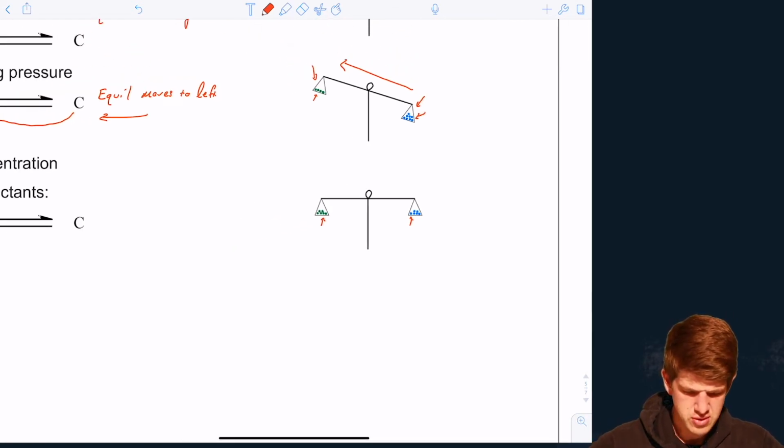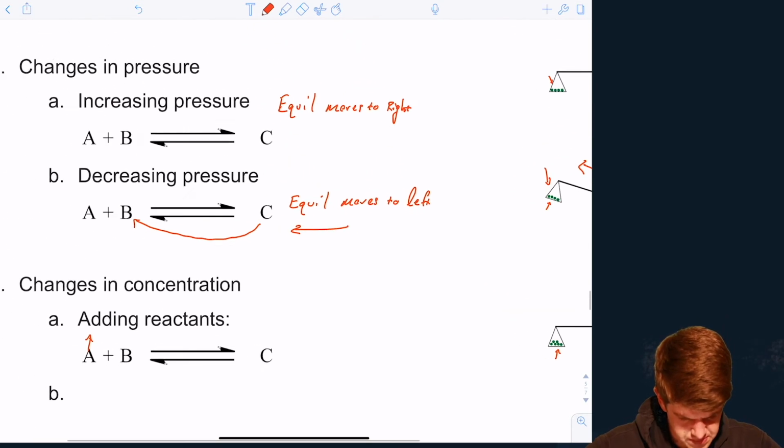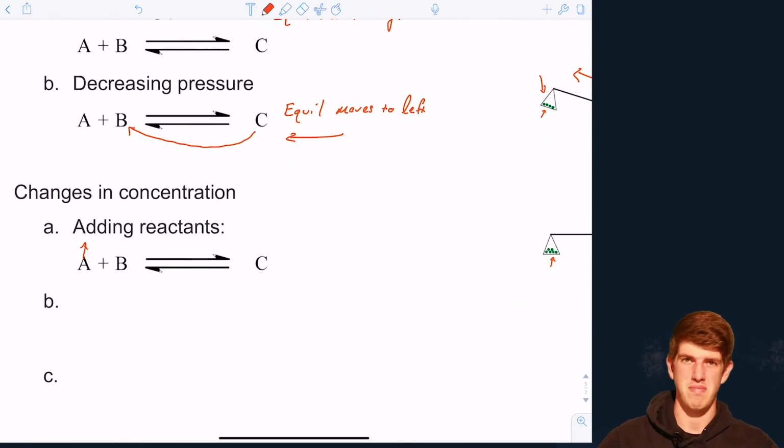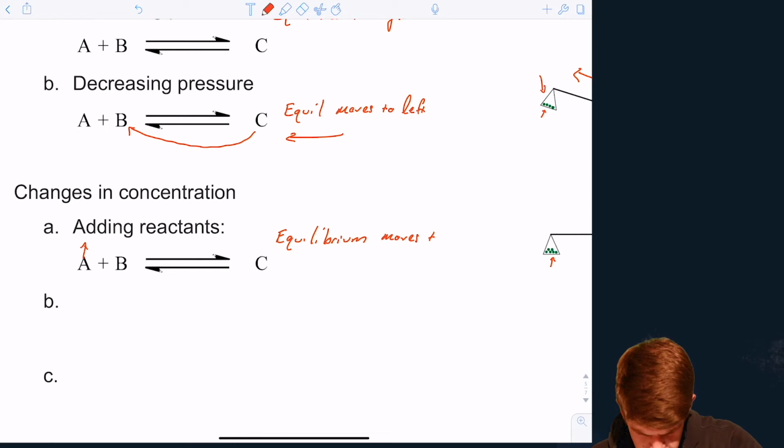If I need to get rid of some molecules, I'm just going to get rid of them by using them to form the products. So adding reactants, I'll now make more products to get rid of those reactants. So equilibrium moves to the right.